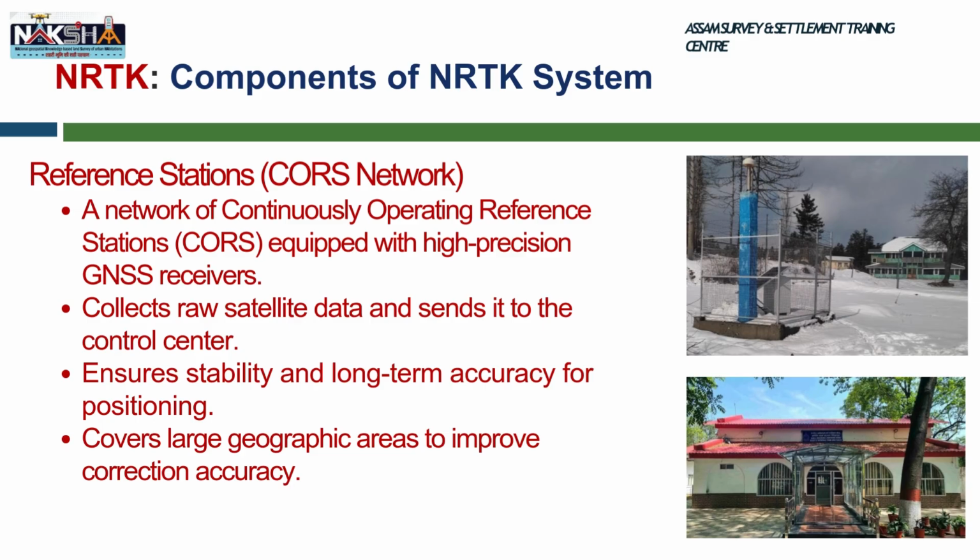These stations continuously collect raw satellite data and transmit it to the Network Control Center, NCC. By maintaining stability and long-term accuracy, the CORS network ensures reliable positioning. Additionally, the network covers large geographic areas, which helps improve the accuracy of the corrections applied to rovers in the field.